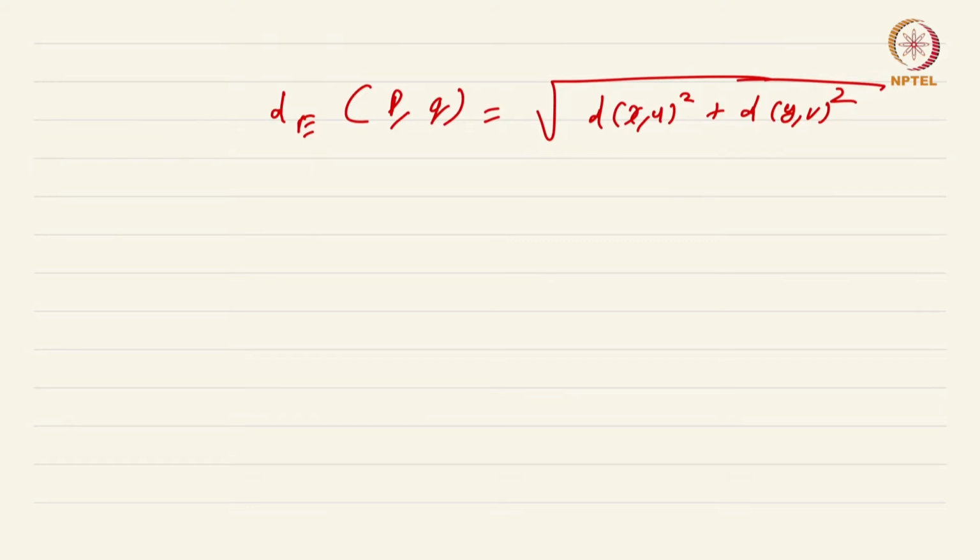E here is an abbreviation to suggest Euclidean, because this is the way the standard Euclidean metric is defined on R2, starting with the absolute value on R.